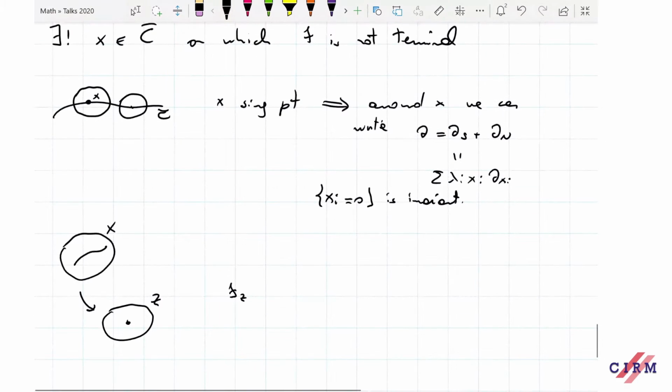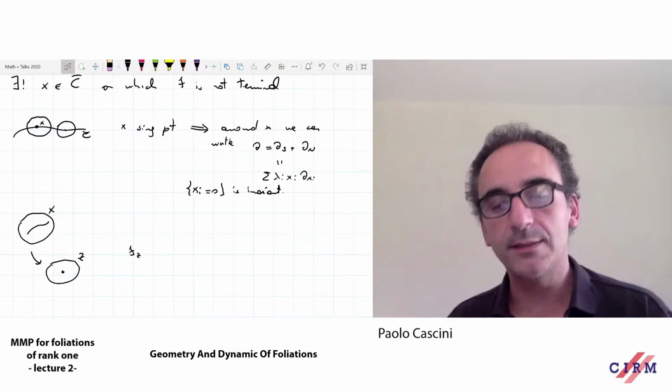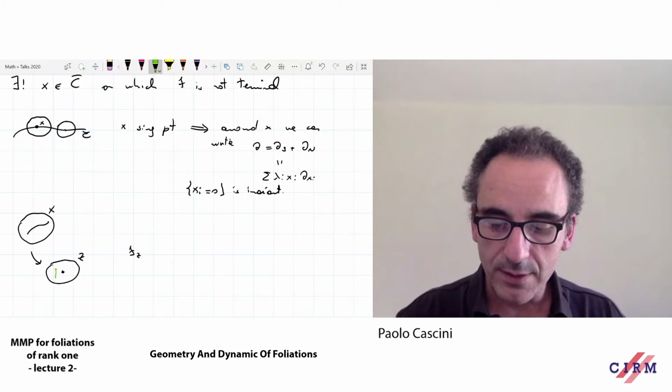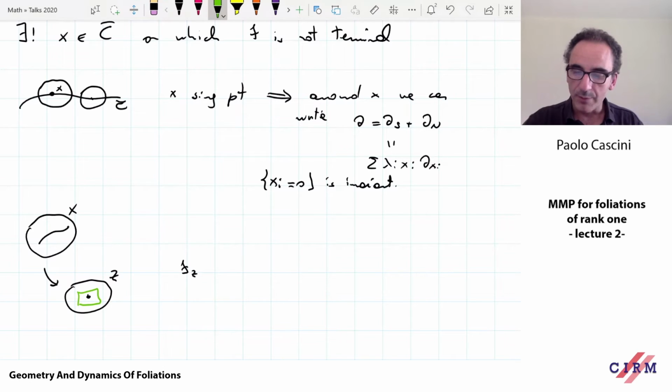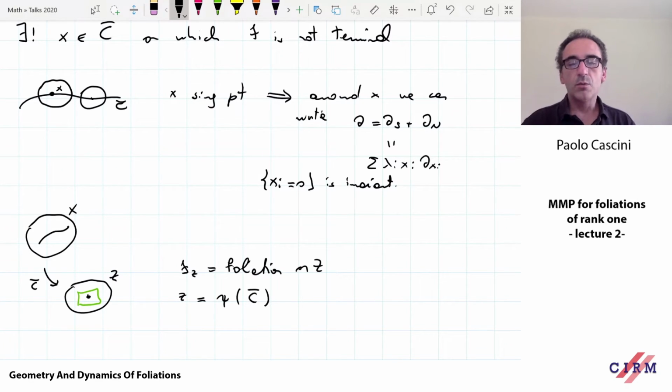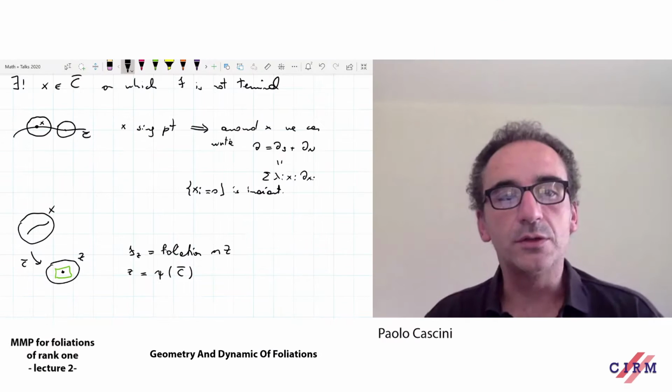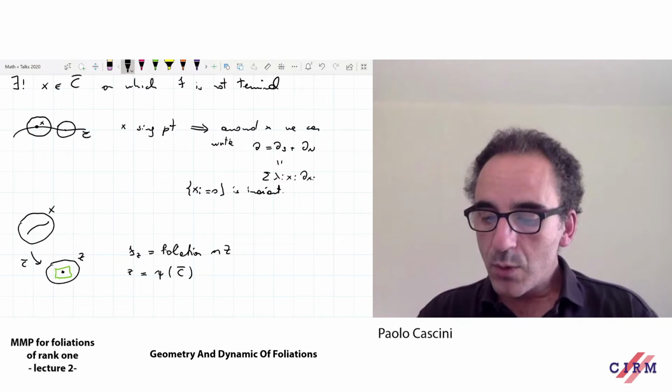So maybe instead of creating these hypersurfaces on X, we can do it on Z. Let me call Fz the foliation on Z, which is well defined, and the little z will be the image of the exceptional locus, so the image of C bar. So the idea is that we would like to find something like this green surface, an invariant surface which contains the singular point.